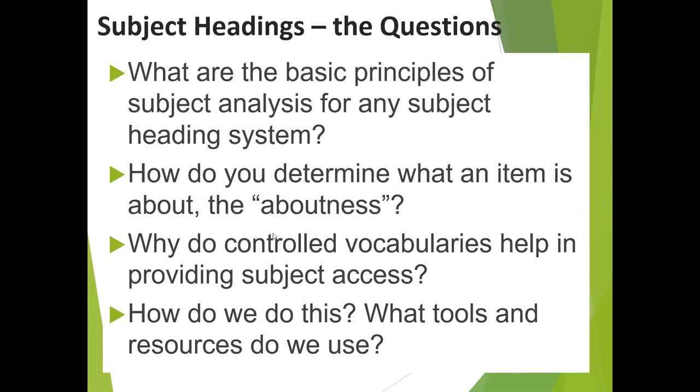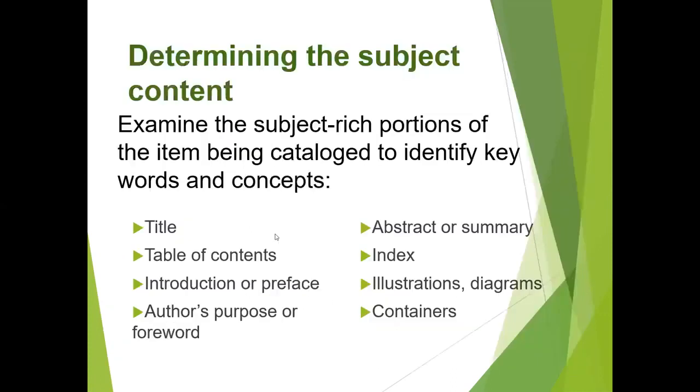So even within their own framework, sometimes things go outside. There are exceptions. And of course, we're also looking at the resources and the tools that are available to us. Determining what that subject content is, we've already talked about these, but you're really going to look at anything that's available to you.